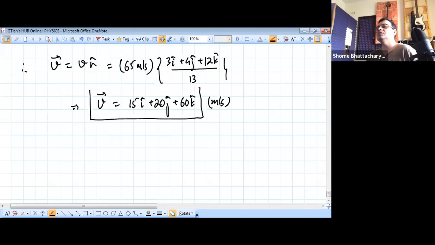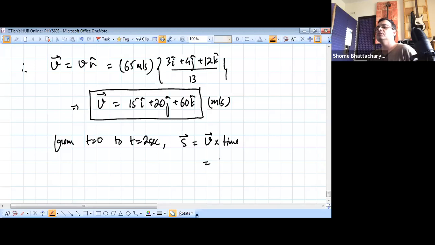So now from this we can see that from t equal to 0 to t equal to 2 seconds, the displacement will become velocity multiplied by time. So it will be nothing but 15i cap plus 20j cap plus 60k cap in meters per second, multiplied by 2 seconds.